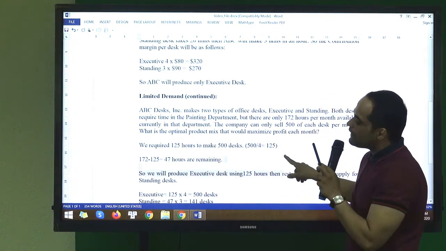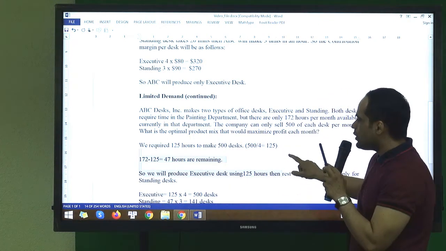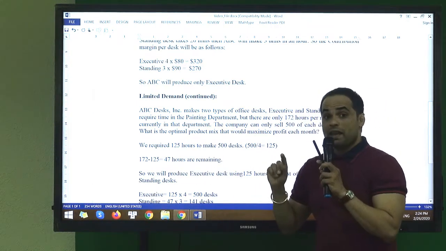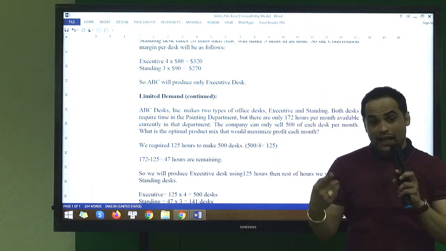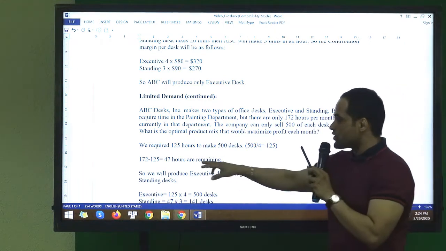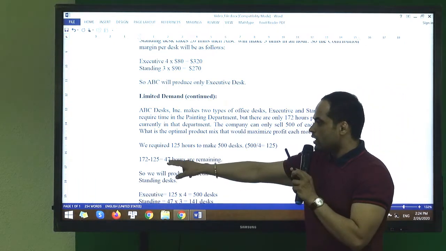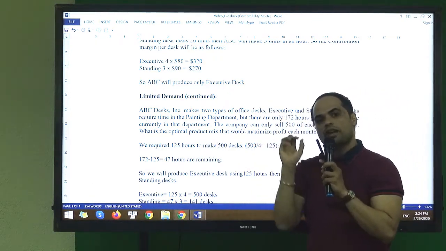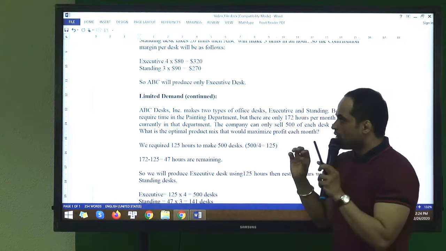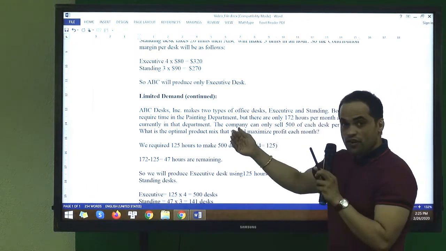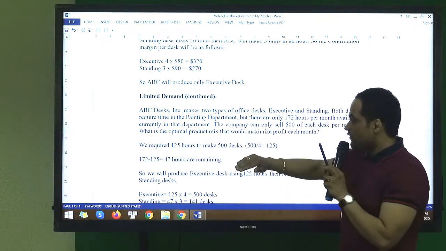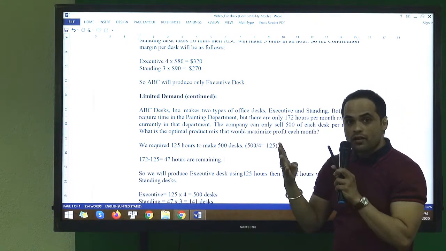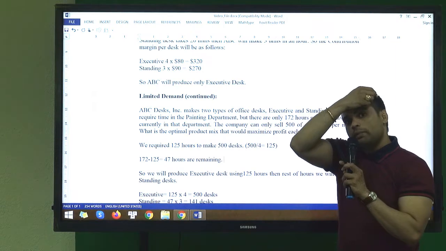So what does it mean? It means we will use 125 hours to make executive product, and the rest of the hours we make standing product. Exactly the same example I gave you before about iPhone and iWatch. So we produce 500 executive products first. I repeat, 500 divided by 4, because in 1 hour we can make 4 products.